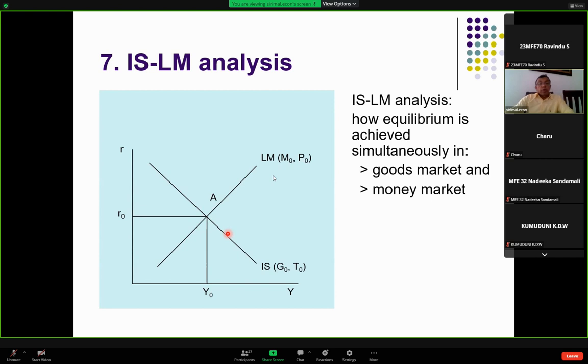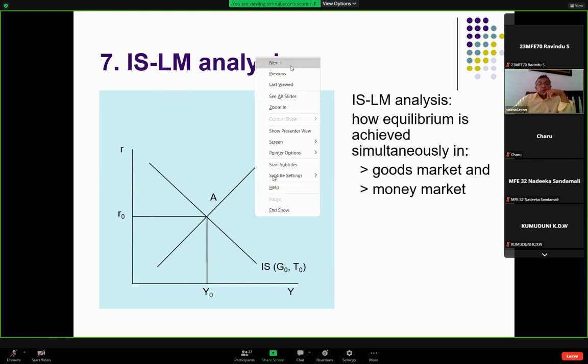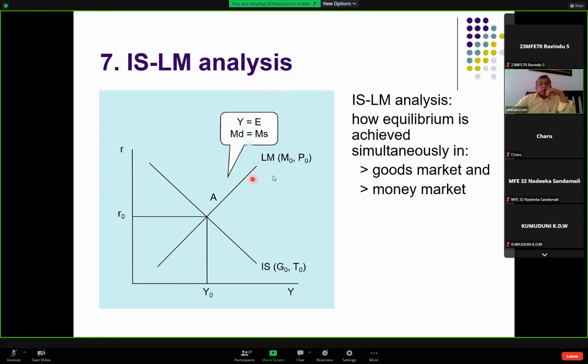So there is only one point among millions of points which gives us simultaneous equilibrium in both markets. Why do we say that? Because at point A, output equals total demand, aggregate demand, or in other words, total income equals total expenditure, as well as money demand equals money supply.